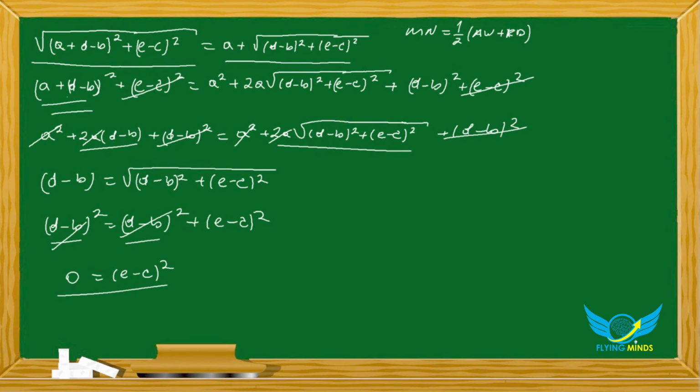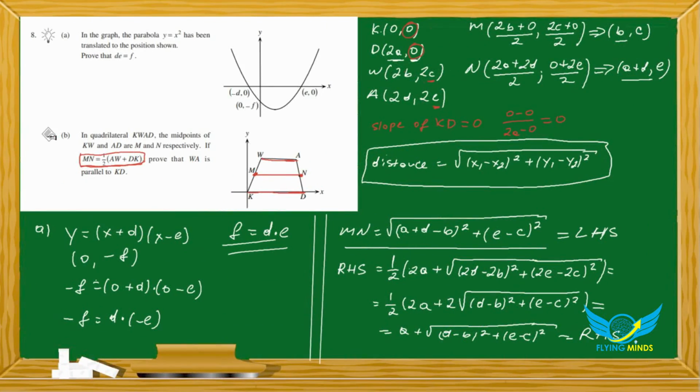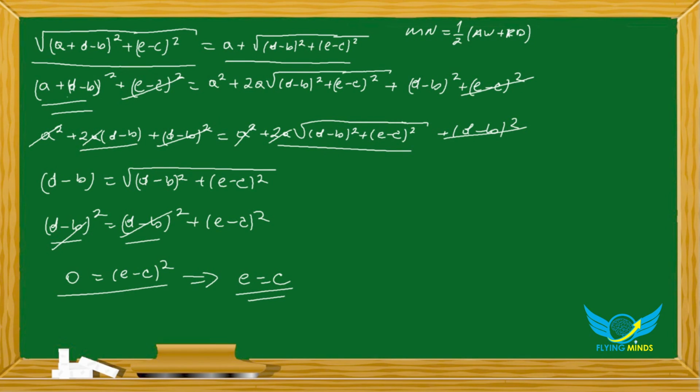This expression can be equal to 0 in only one case, when e equals c. That's it. We proved that e equals c, and if e equals c, it means that WA is parallel. So let me write down the coordinates of those points.